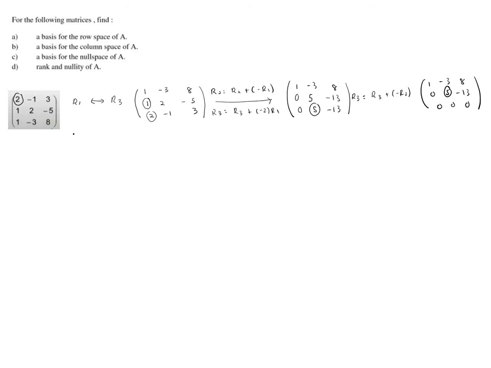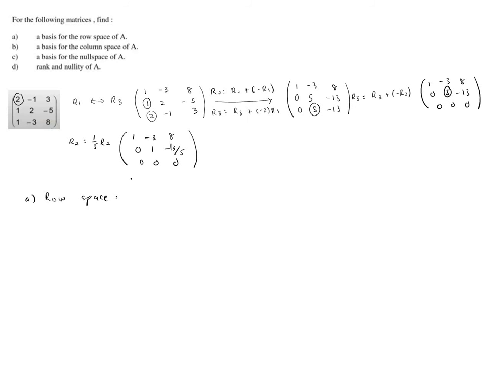Ni boleh jadi 1. So R2 becomes 1 over 5 multiplied by R2. 1, negative 3, 8, 0, 1, negative 13 over 5, and ni still 0, 0, 0.